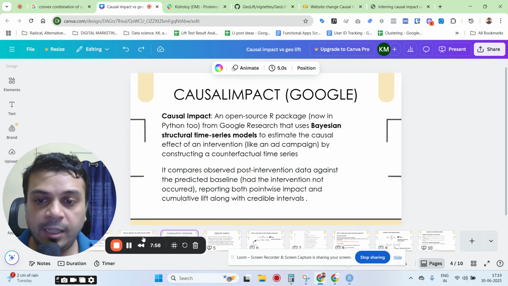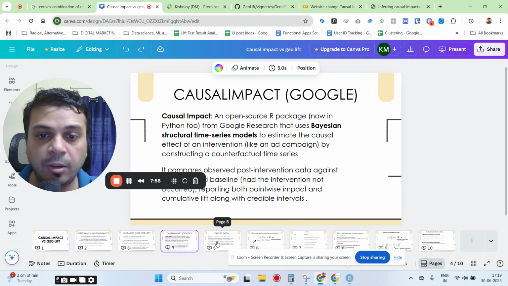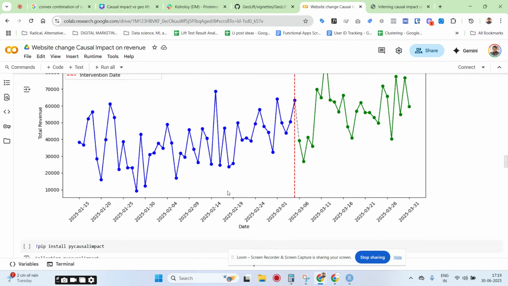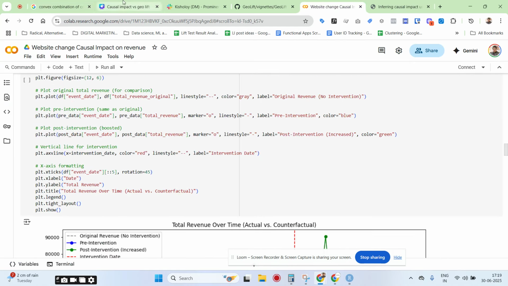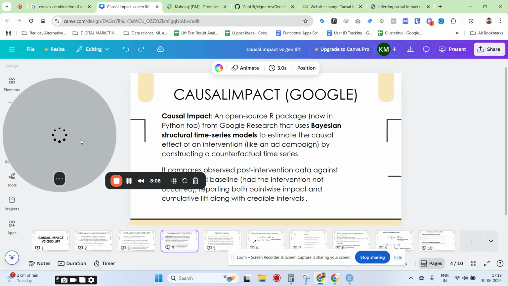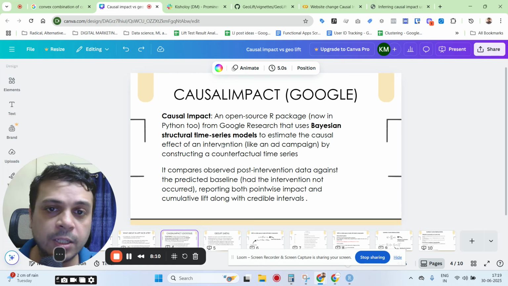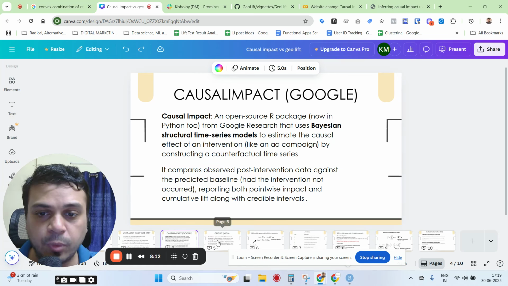So that is the simple logic behind it. Now I'll show you the code base. Of course, I've got a case study available to show, but I'm going to show you how this is actually working here.